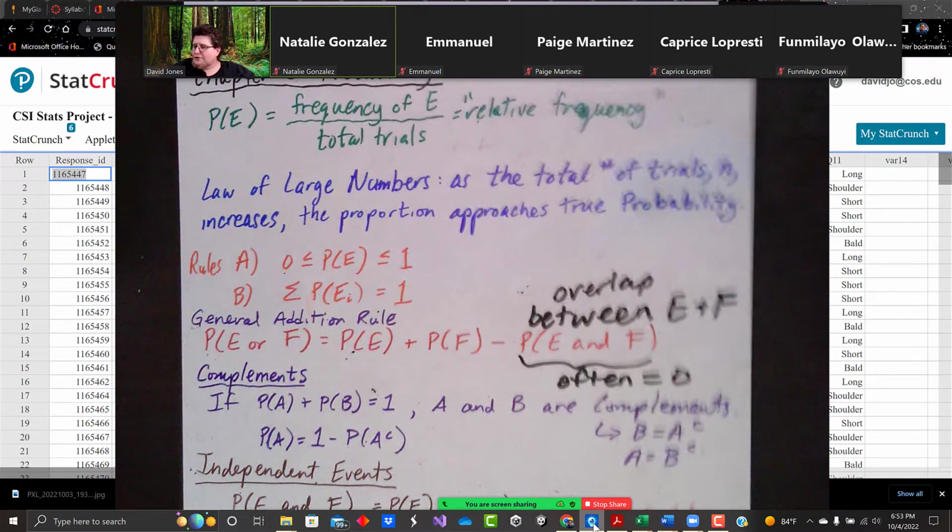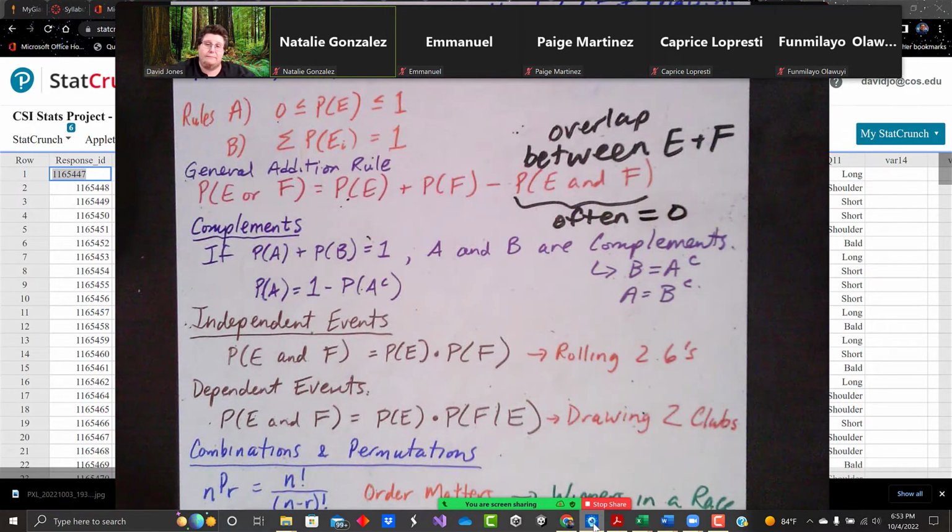Complements are when we have two mutually exclusive outcomes, like rolling a 7 or not rolling a 7, drawing a red card or drawing a black card, drawing a face card or drawing a non-face card. When there are only 2 options and there's no overlap between them, those are mutually exclusive events.